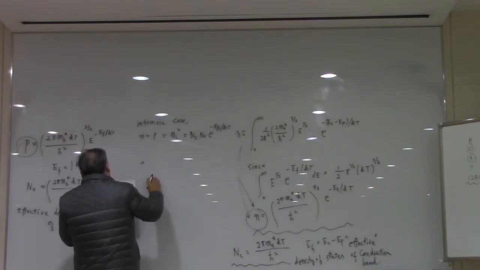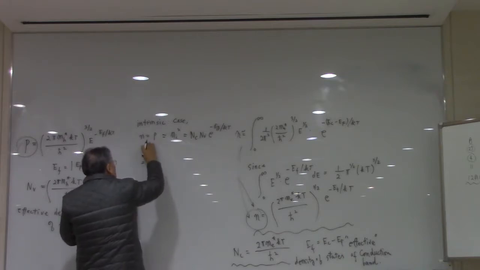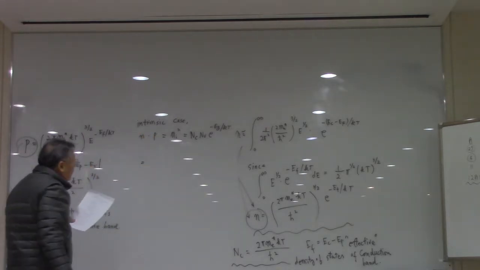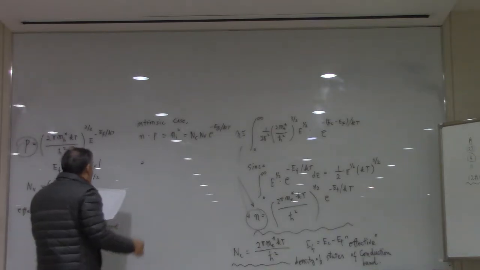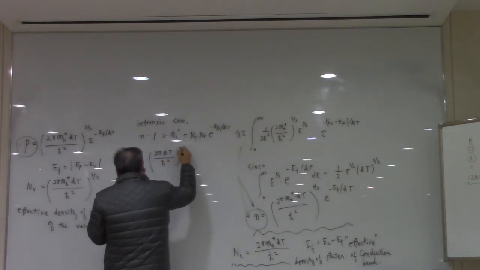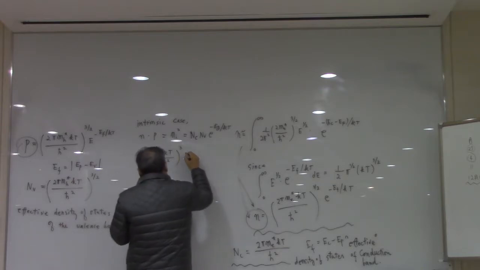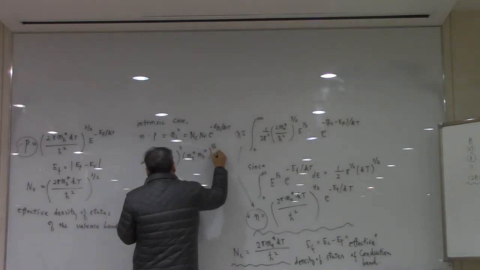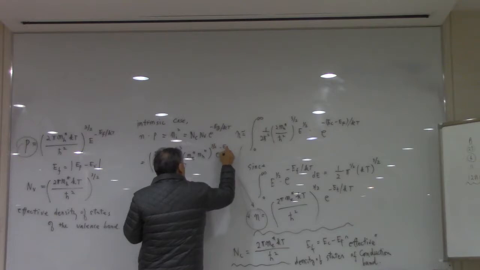So this is the NP product. Okay? That is going to be 2 pi KT over H bar square to the third power, mE star mH star, 3/2, e to the minus EG over KT.